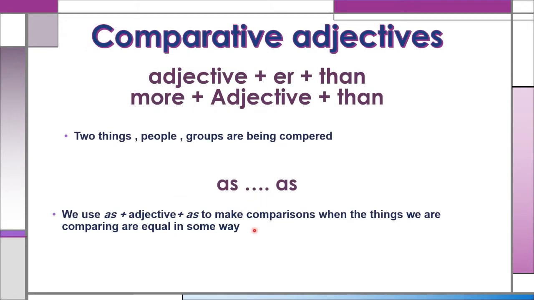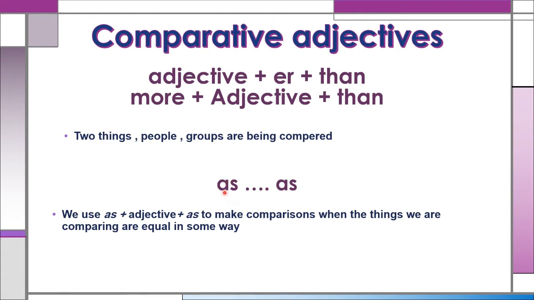In a previous lesson, we talked about comparative adjectives, and we have two forms of comparative. If we want to compare two things, two people, two groups, we use these two forms. With short adjectives, we add er with than. With long adjectives, we use more before the adjective, then than.